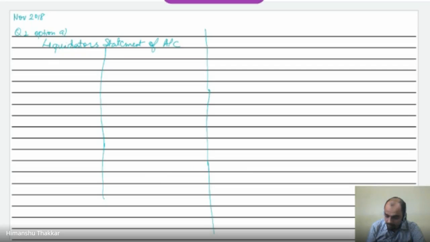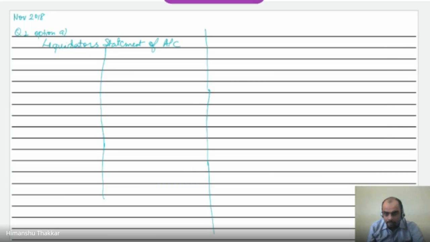2.5% on rupees. See, if you can read the question, the remuneration point is given to you: 2.5% on amount realized, including cash, and 2% on amount paid to unsecured creditors.